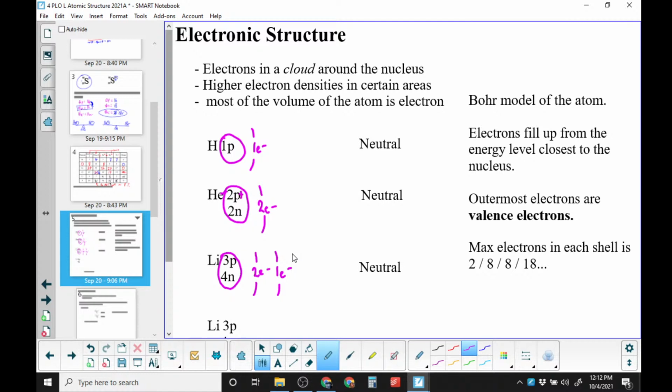1, 2, 3, and the first shell there is. 2, 8, 8, 18, 18, I heard it 36, but it's 32. Yes.